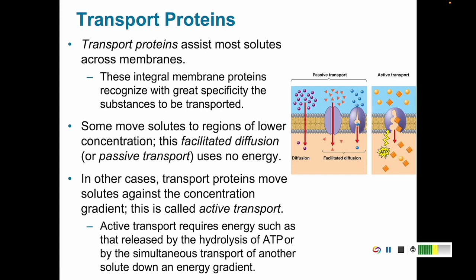That energy is going to come from hydrolyzing ATP, or breaking ATP down back to ADP and a phosphate group. Sometimes that energy can come from moving another molecule down its gradient. So you might have one thing moving in down its gradient to move something out against its gradient.